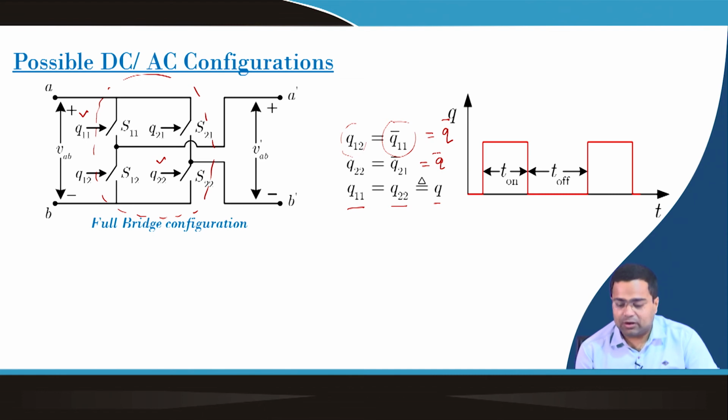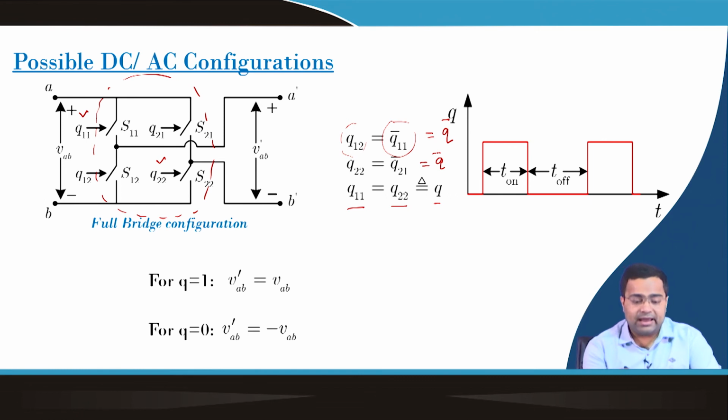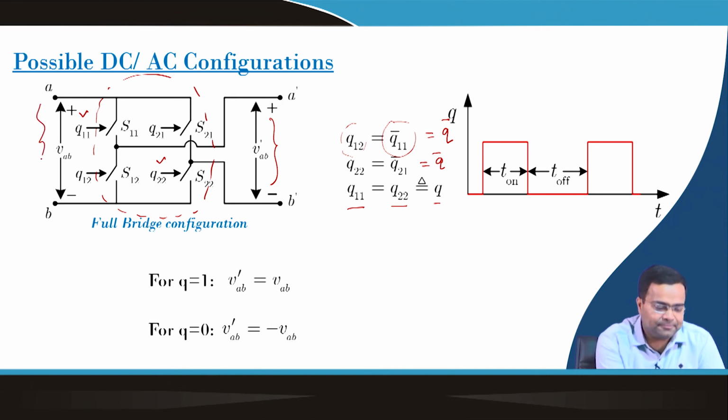Depending upon whether the switches are on or off, you get VAB dash, the voltage across this terminal. If Q equal to 1, it will see the input voltage VAB, and if Q equal to 0, it will see minus VAB.